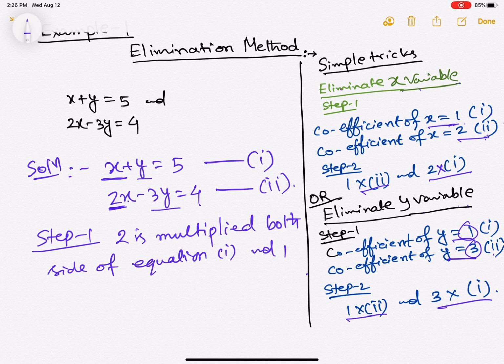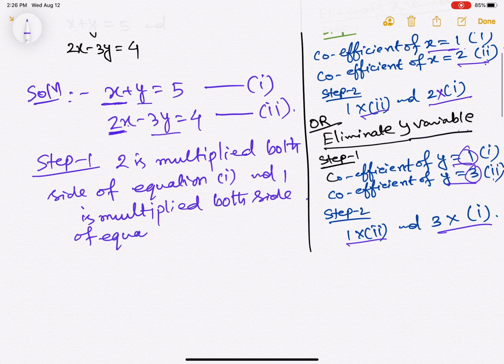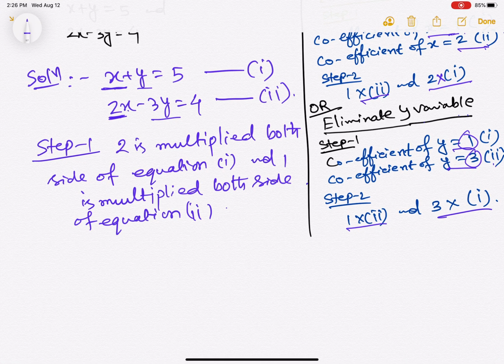This 1 is multiplied both sides of equation 2.